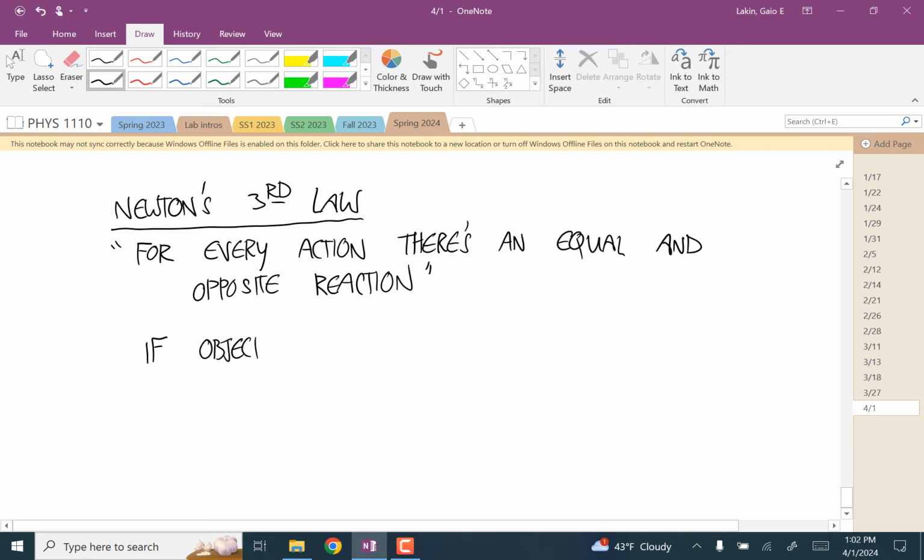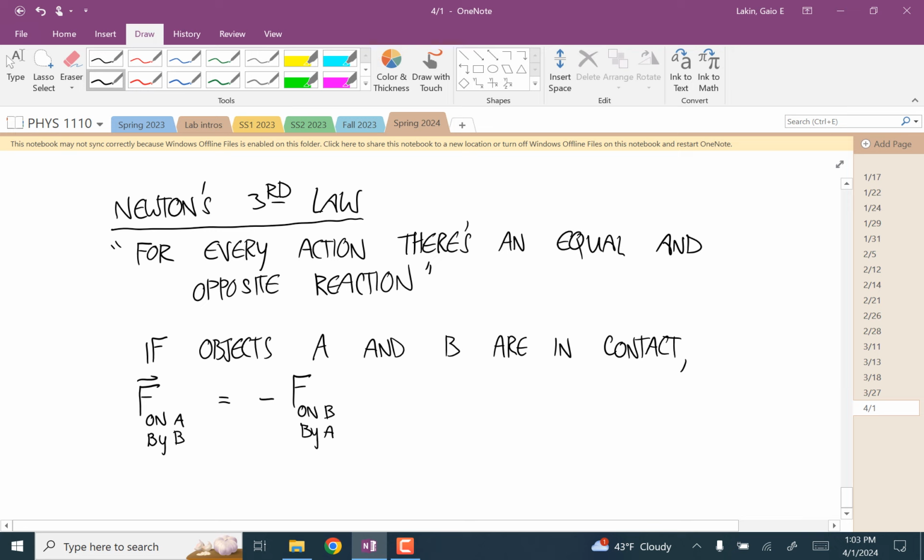Anytime objects A and B are in contact, then the force vector on A by B is the negative of the force on B by A. And what that means is they have the same magnitude, but opposite directions.